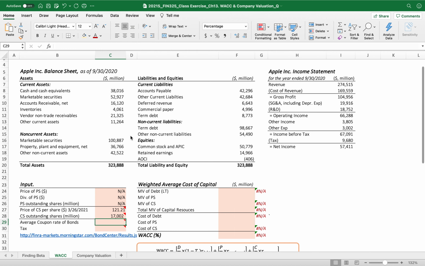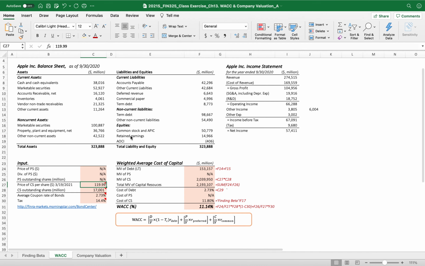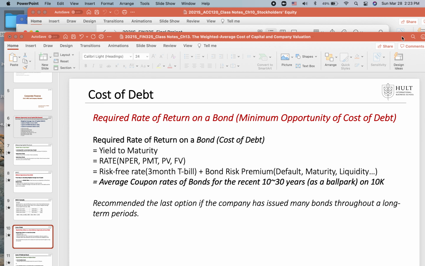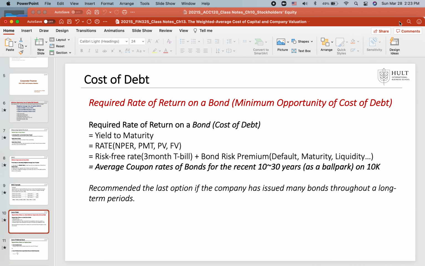Now, the average coupon rate of a bond. Why do you need this? I'm not going to ask you for a very accurate measure of the cost of debt. It's really complicated if you measure the default rate, the maturity rate, or the liquidity rate.